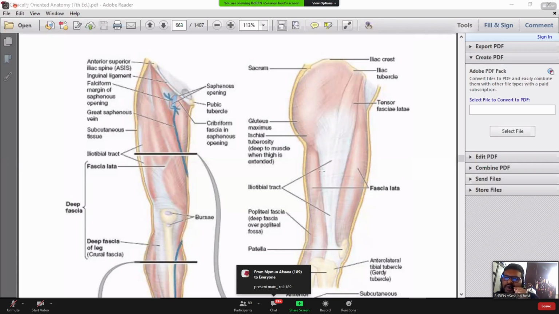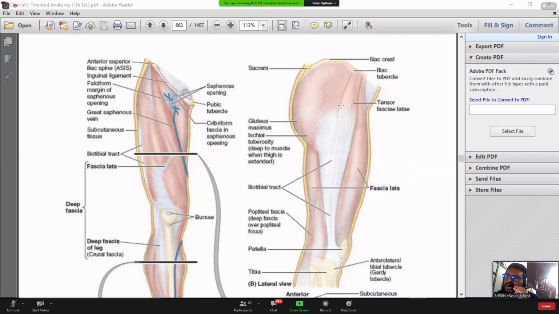I'm just giving a hint of this: on the lateral side of the thigh, the deep fascia of the thigh is thickened to form a tract that is called the iliotibial tract, which attaches to the patella downwards, and above it splits to accommodate two muscles. One is tensor fasciae latae, another is the gluteus maximus.